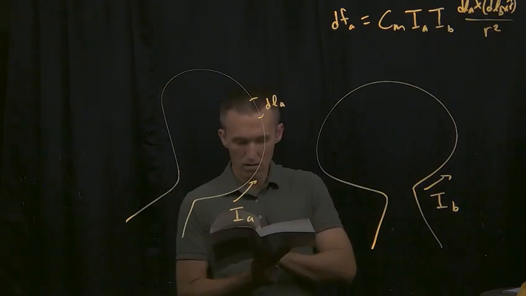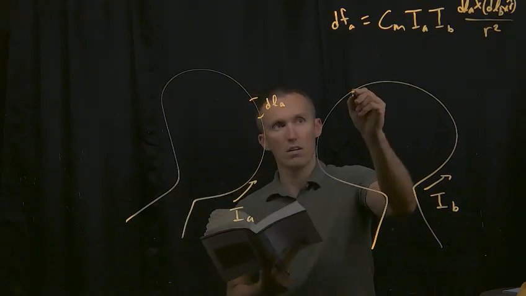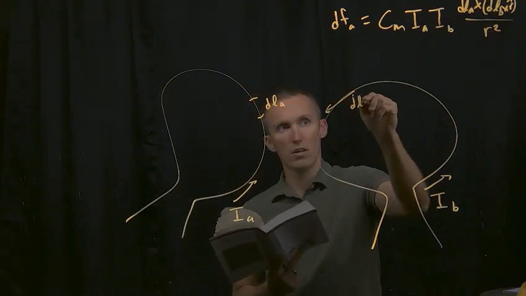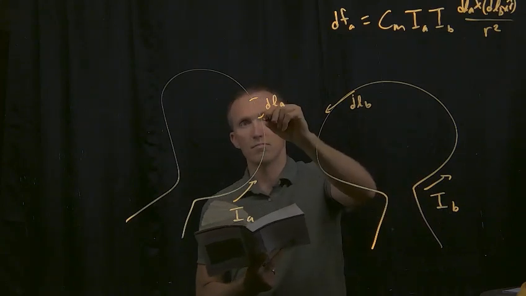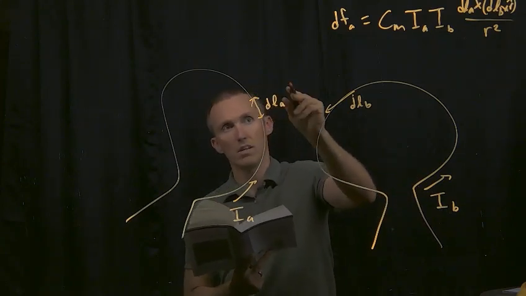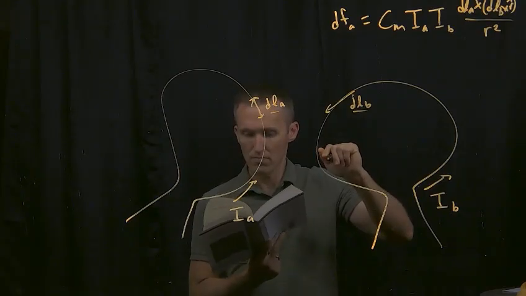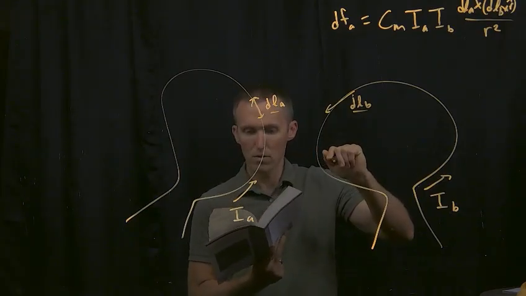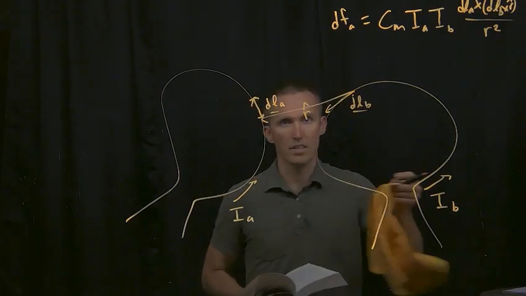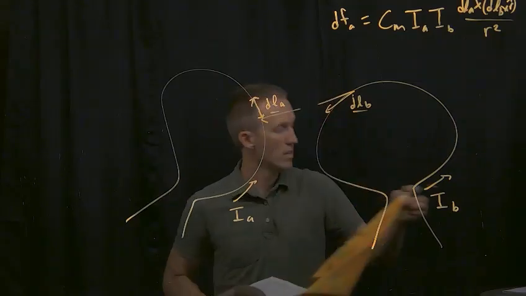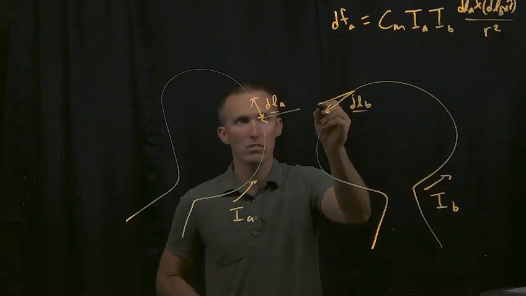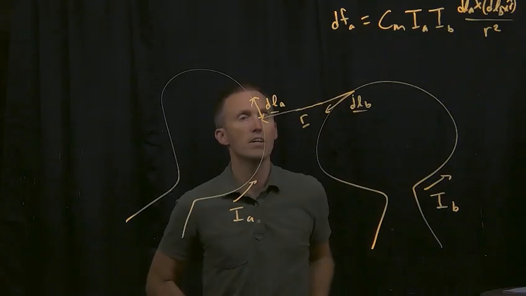Let me write this as a vector, dLA. So that's a vector, that's a vector. And then, what am I missing? The distance r. Let me not use r hat. R hat normally is a unit vector, so we'll just call it r is a vector.